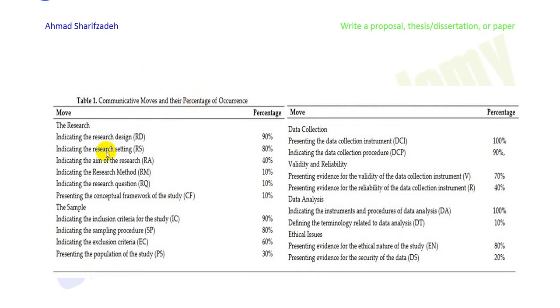Although you can use this table, this template, this outline, whatever you call it, when you are a science student, physics student, okay, you can use this table in all disciplines, but specifically you can use this table if you are a medical student or you are a social science student.